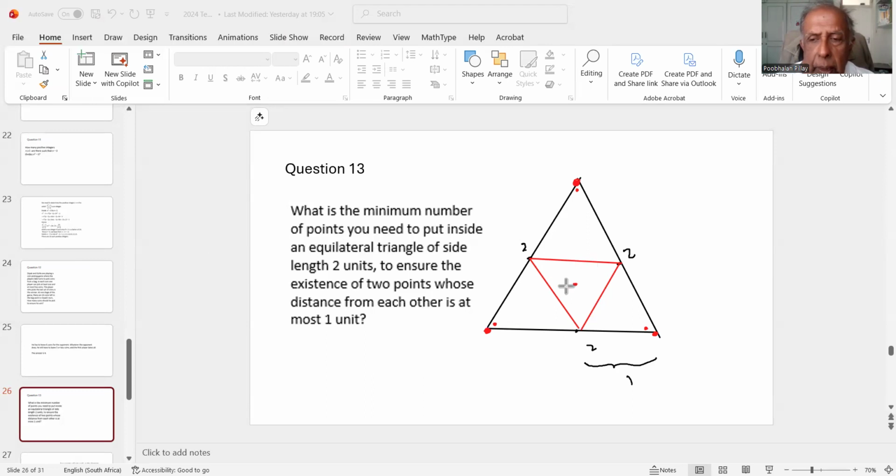I want to prove that the distance from here to each of the 3 dots which I've got is more than 1. And the way to do that is drop a perpendicular or join these. Now, if this is right in the middle, then you can check to see that this becomes perpendicular.